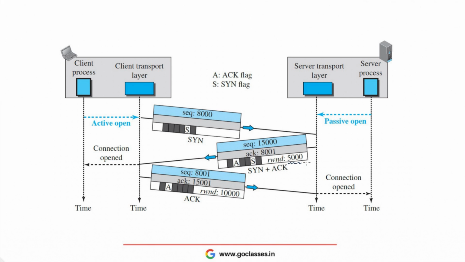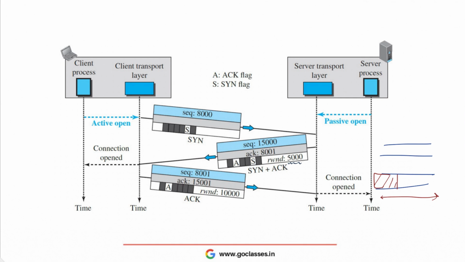Server will say that, okay, now I'm expecting the byte that should start from 8001, and this is my window size. As per my receiver, if you consider me as a receiver, so both are sender and receiver because TCP is full duplex, so you will be having a sender window here, also the receiver window. So it says that as per my receiver window is concerned, I have the window size of 5000, which may mean that the allocated buffer may be more than 5000, but I just have 5000 bytes from the receiver, right?